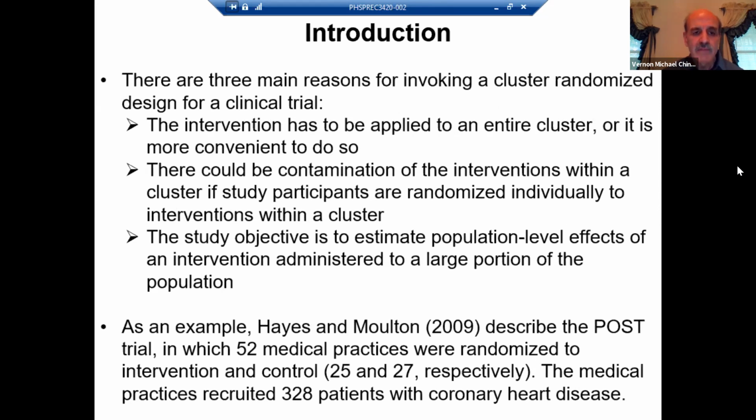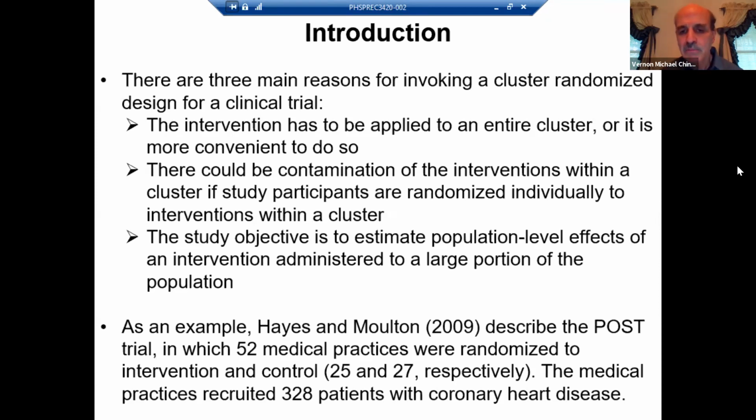The second one really is important, and I've seen this happen on a number of occasions. The investigators might be worried about contamination of the interventions within a cluster if the study participants are randomized individually. What that means is individuals talk to one another, and they may learn, especially if it's not a blinded placebo type of intervention as the control. Individuals learn about what their colleagues, classmates, family members, relatives, or friends who also might be involved in the study are doing, and it contaminates them.